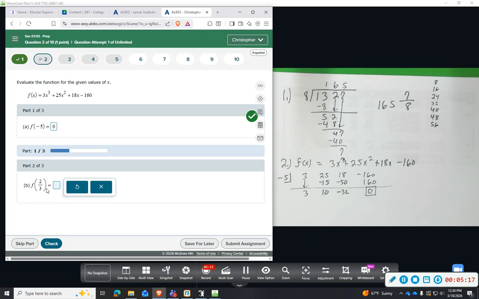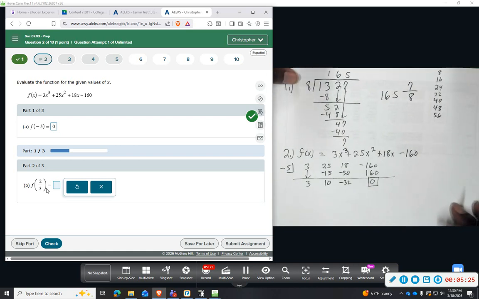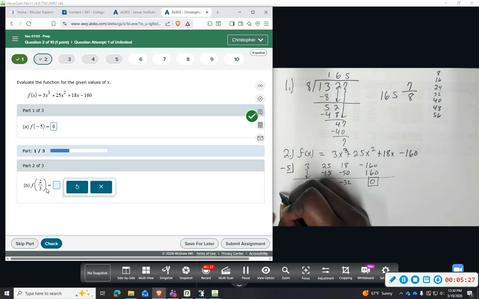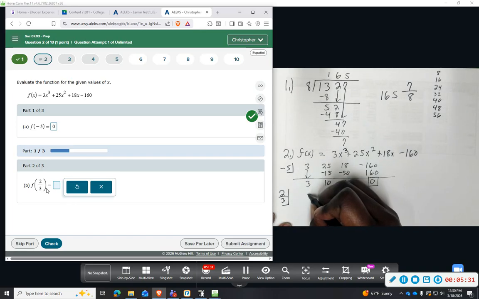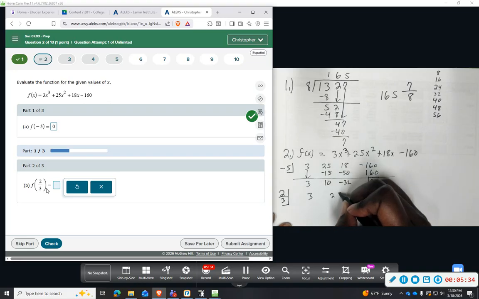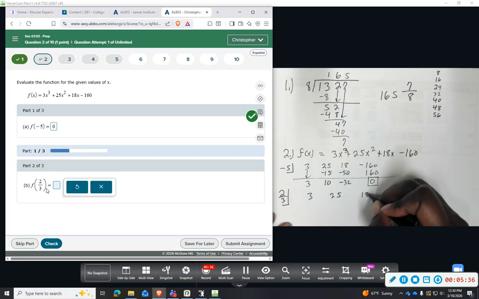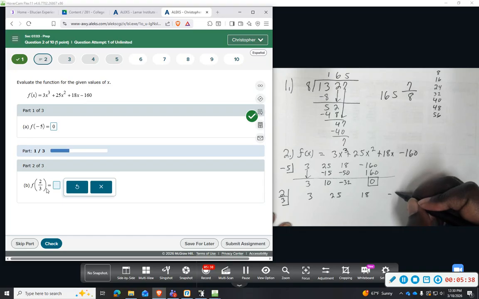Then we do 2/3. So I'm going to do the same process: 3, 25, 18, negative 160.